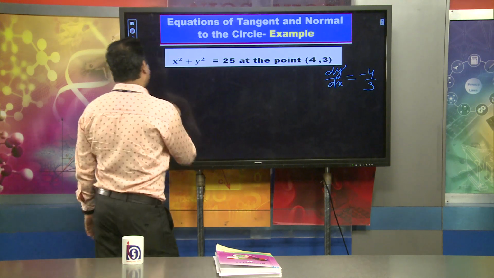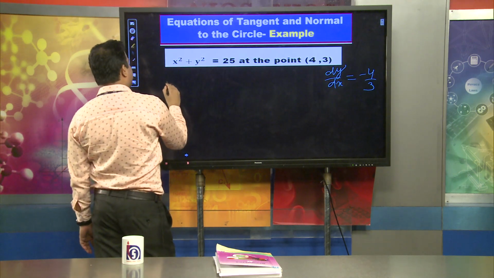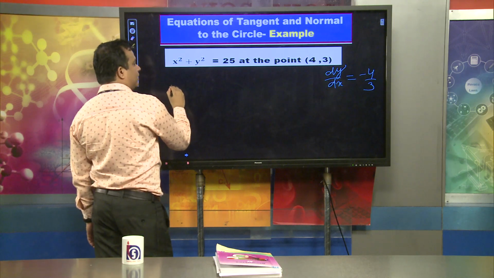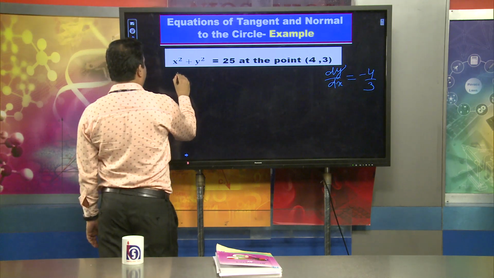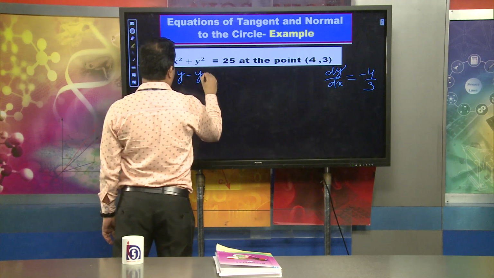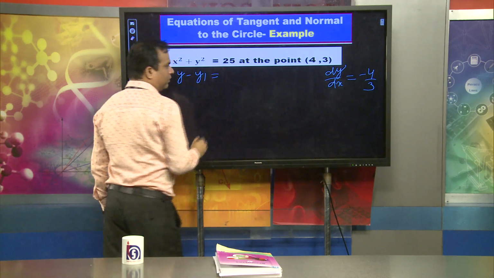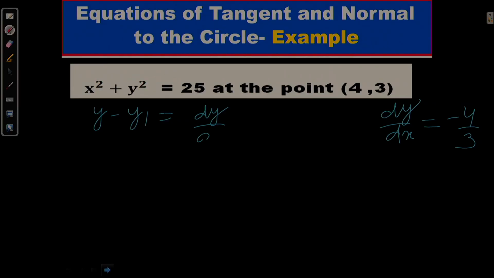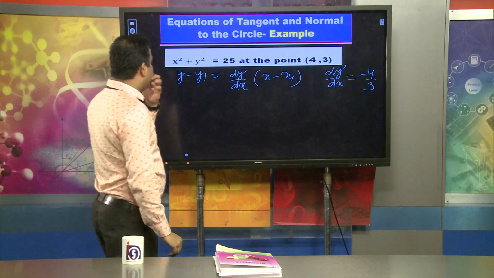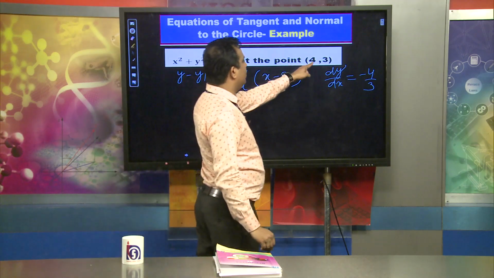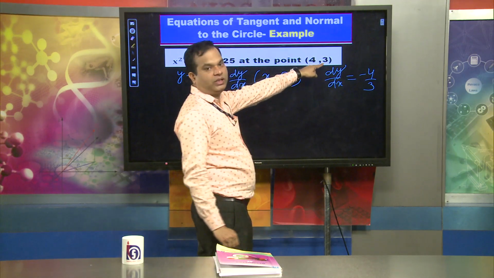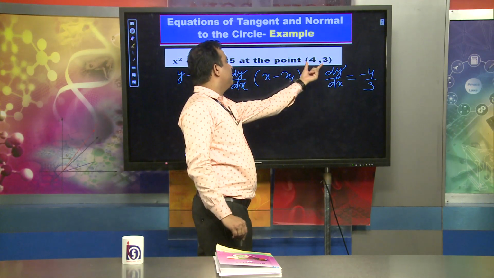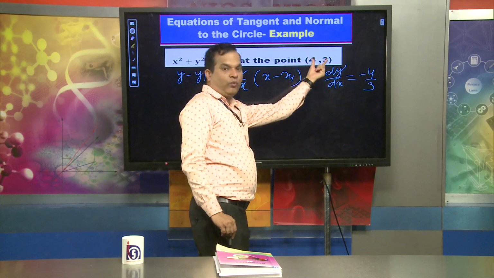The formula, as you already know, is y minus y1 equal to dy/dx into x minus x1. And you already know that x1 equals 4 and y1 equals 3, because the point is (x1, y1).